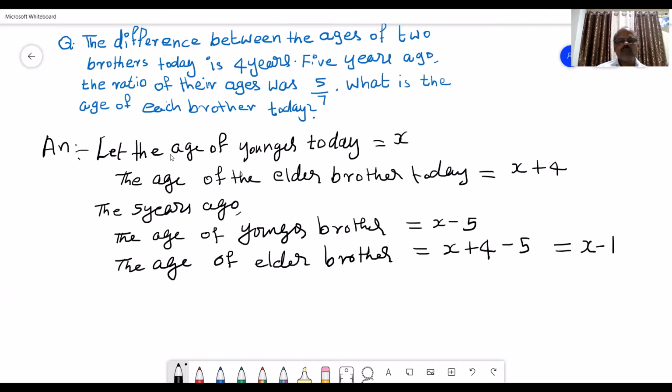The age of the younger brother 5 years before is X minus 5, and the age of the elder brother 5 years before is X minus 1. That will be equal to 5/7.